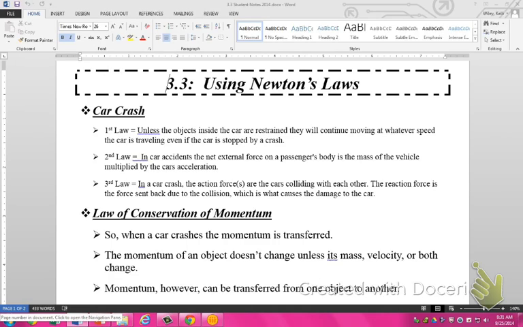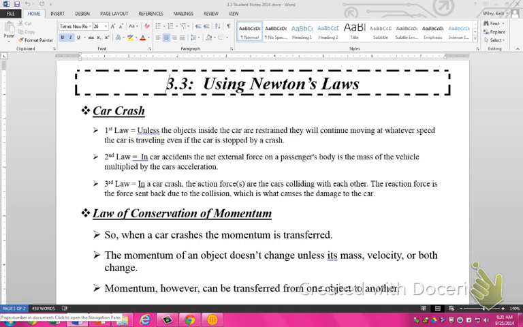The third law, in a car crash, the action force is the cars rolling into each other, and the reaction force is the force sent back due to the collision, which causes damage to the car. So that's a demonstration of where you see all of Newton's 3 laws in a car crash.